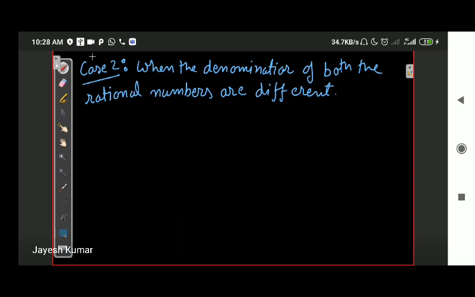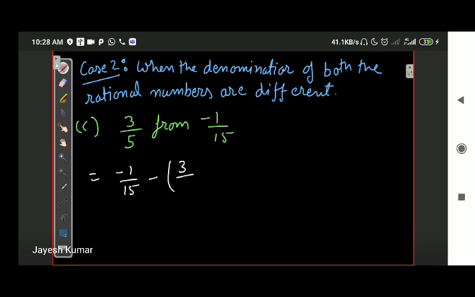The question is, you have to subtract 3 by 5 from minus 1 upon 15. First of all, let us arrange it correctly. On arranging it, this will be minus 1 upon 15 minus 3 by 5.